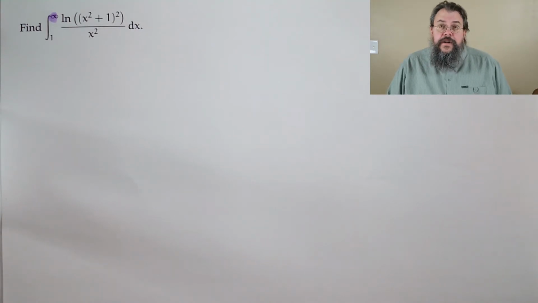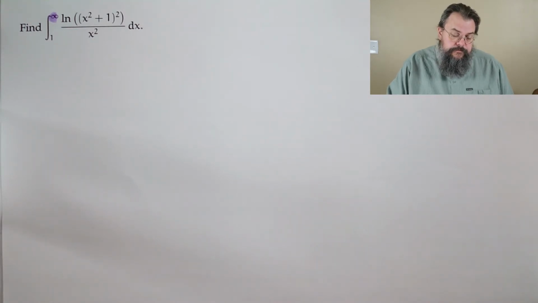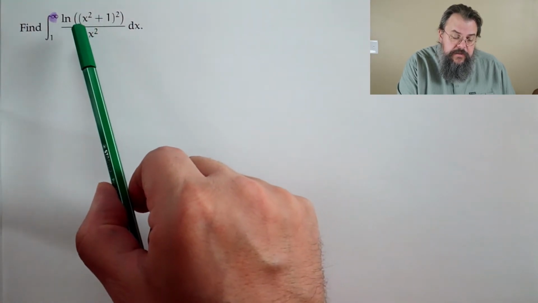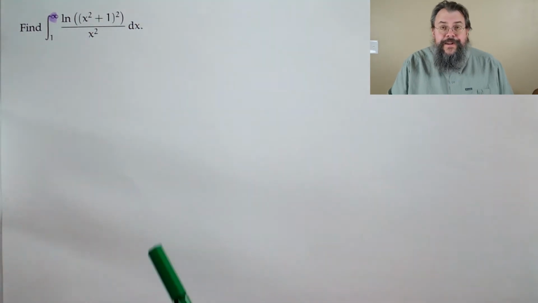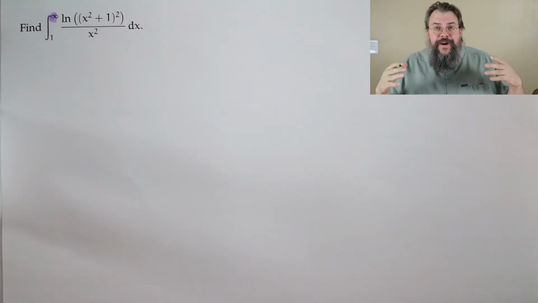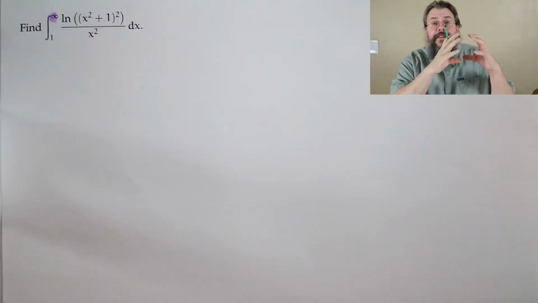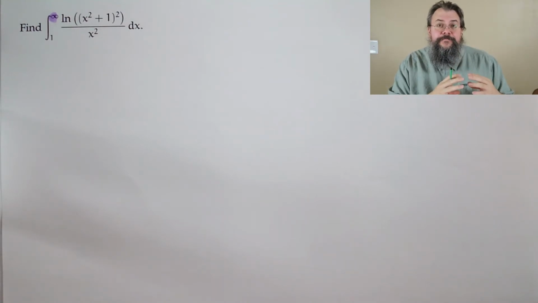So now it comes down to saying, how do things behave? Well, we have an x squared downstairs, and then we have a log upstairs. And the plus 1 doesn't really matter. So it's like x to the 4th inside, but log of x to the 4th is the same as 4 log x. So essentially you have a log x upstairs and an x squared downstairs.